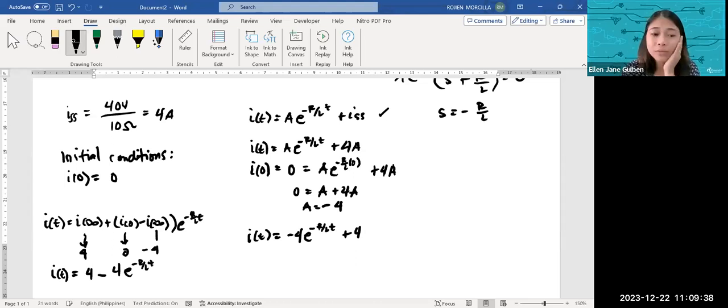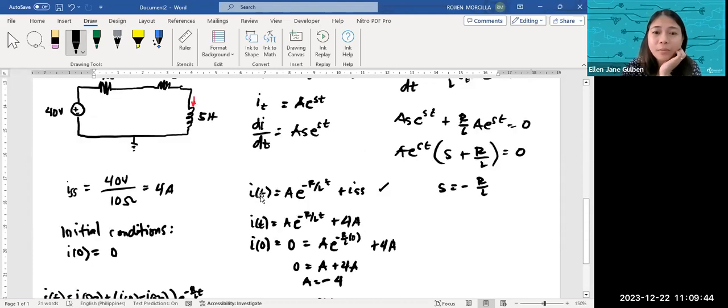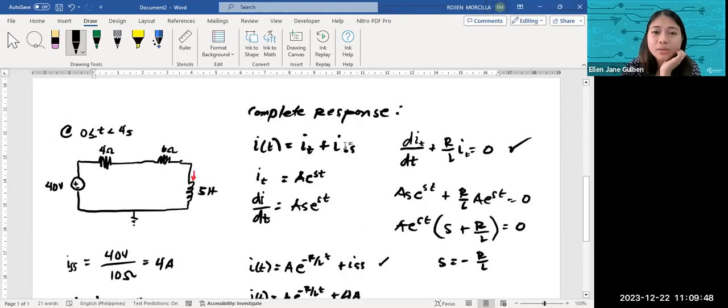They have exactly the same. So this solution is applicable for source free and for step response.